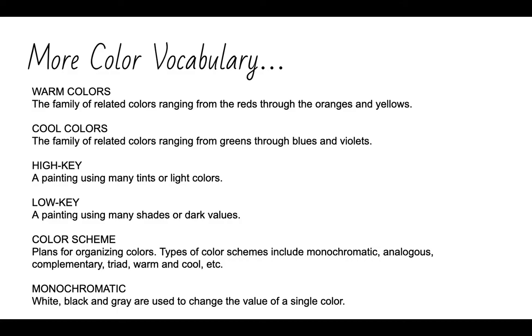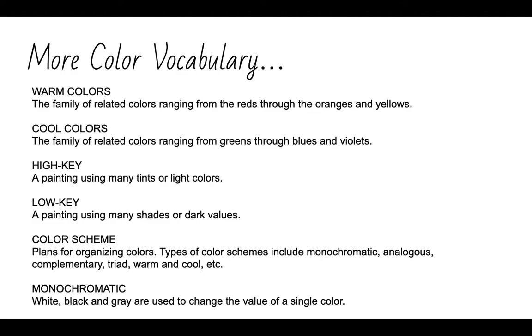Warm colors are any color between red, orange, and yellow on the artist's color wheel. The cool colors are green, blue, and violet. A high key painting is a painting that uses many tints or light colors and has an overall light appearance. A low key painting is a painting that uses many shades or dark values.